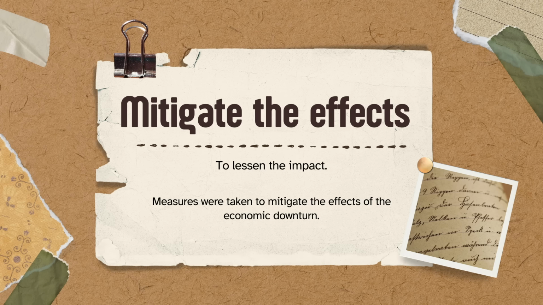By mitigating the effects, the people involved, likely either the government or organizations, are working to make the situation less harmful. So for instance, they might reduce taxes, provide subsidies to stimulate the economy, or introduce policies to help businesses survive.